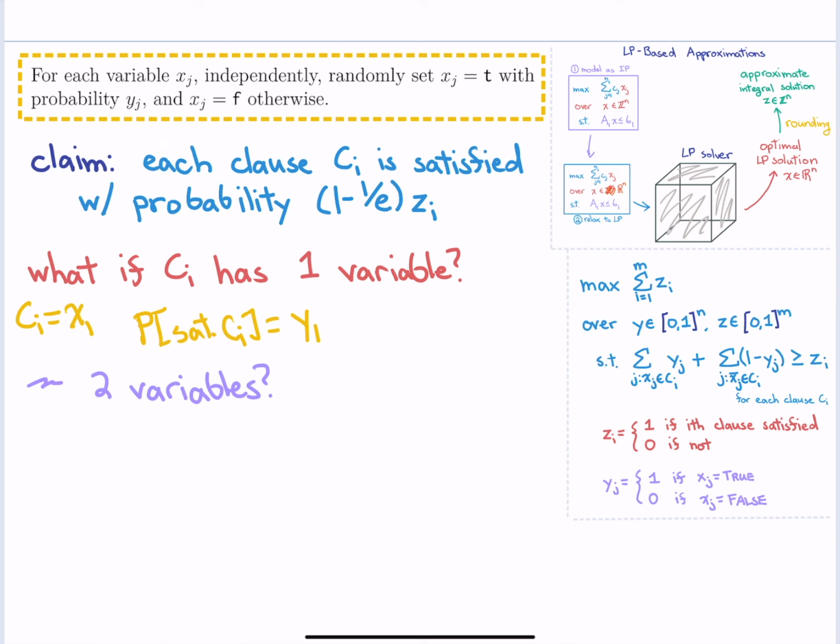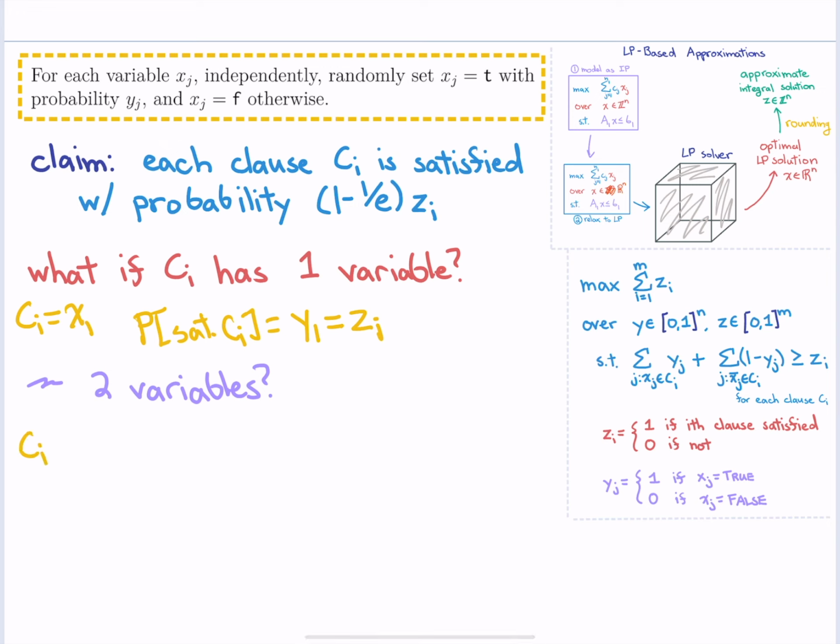So it'll probably set it to what? It'll set it to y1. Okay, so zi will be equal to y1. So that's much better than 1 minus 1 over e times zi. We just get zi.